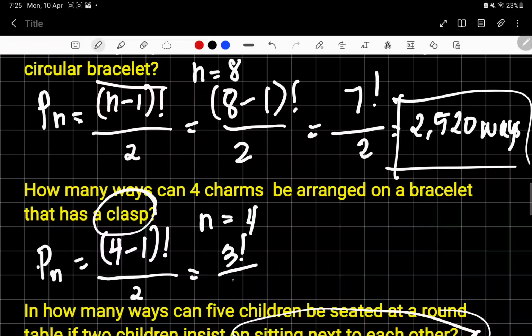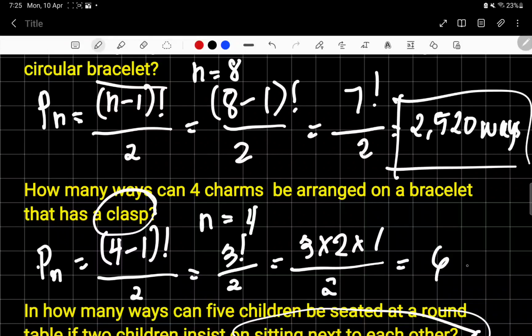So, you have 3 factorial divided by 2. That is 3 times 2 times 1 over 2, which is equal to 6. So, there are a total of 6 ways we can arrange the 4 charms on a bracelet.